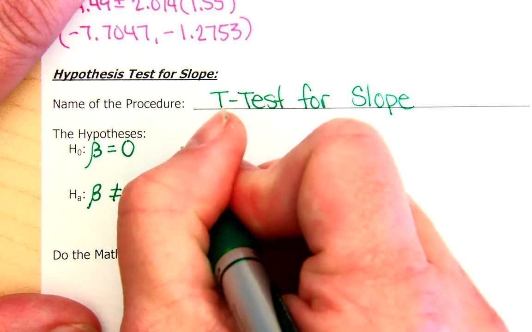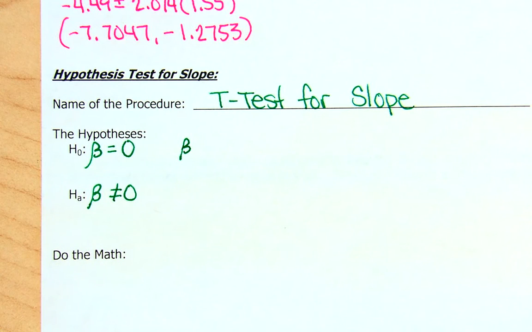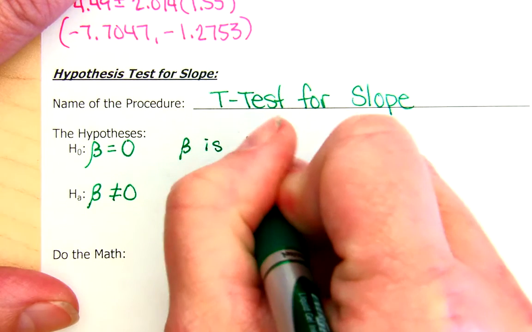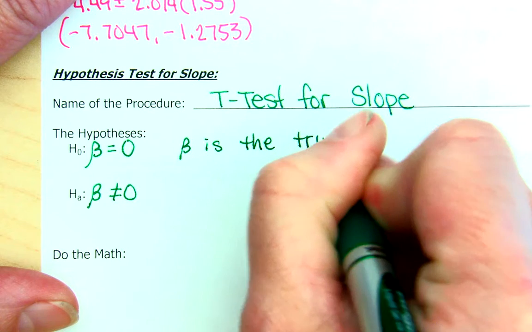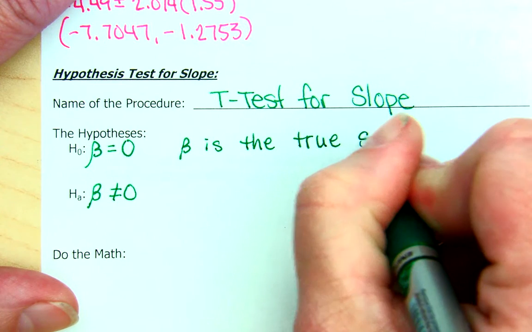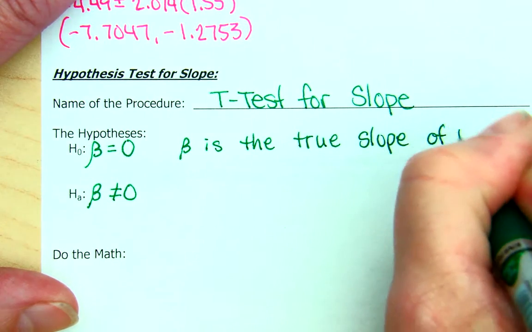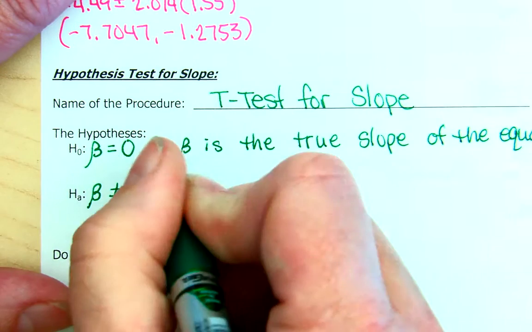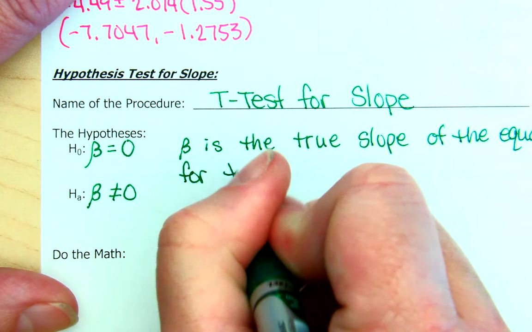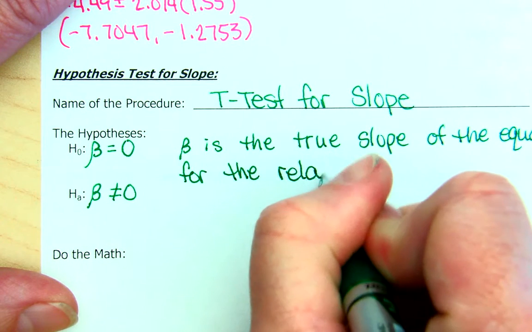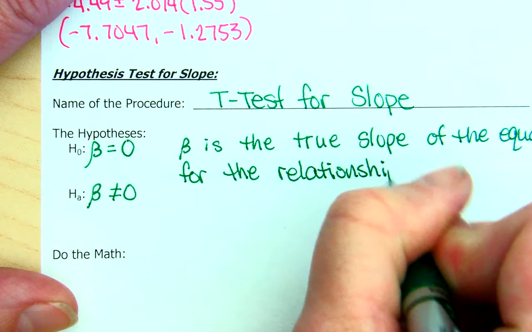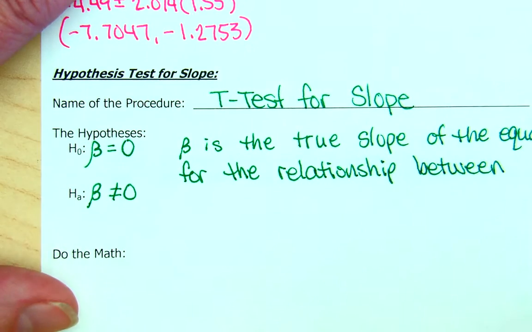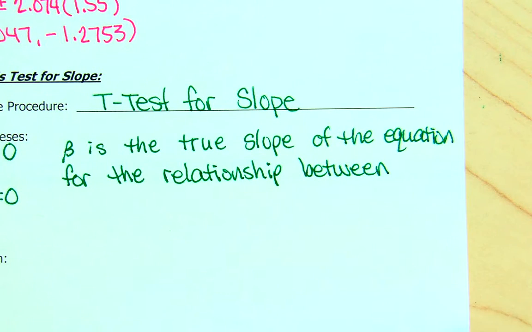So our beta is the true slope of the equation for the relationship between, and this is where we would just say our x and y variables in context.